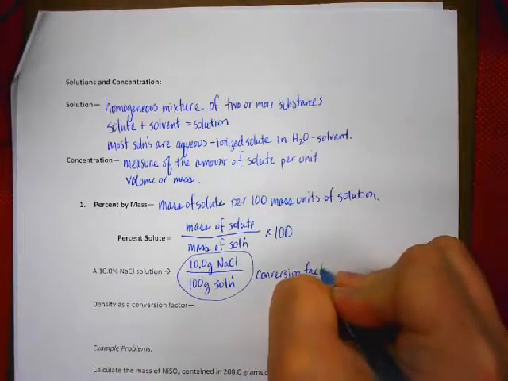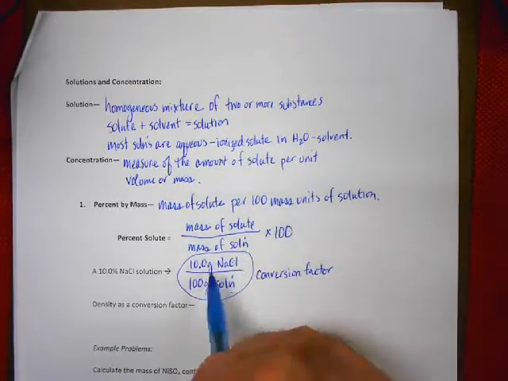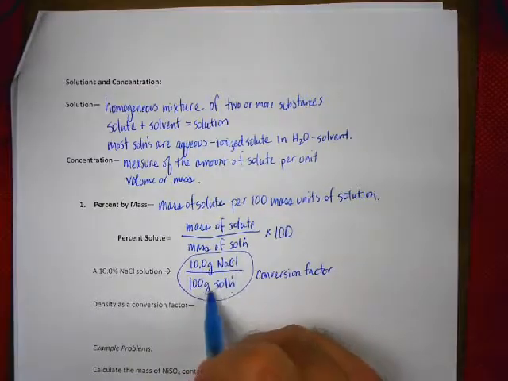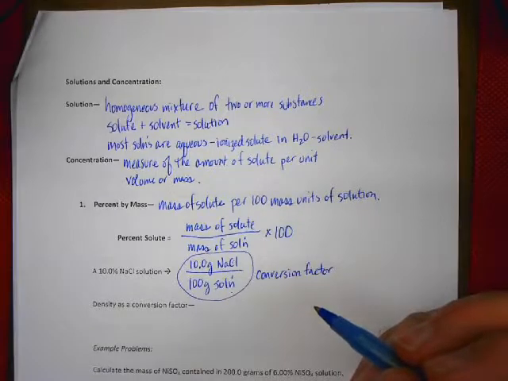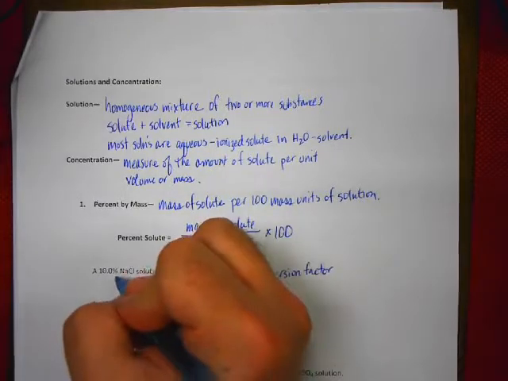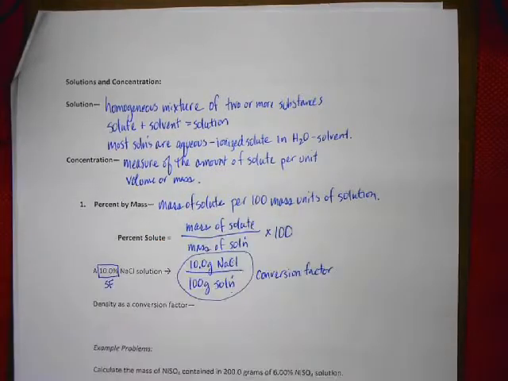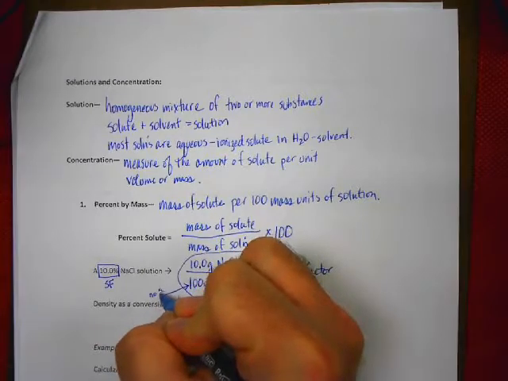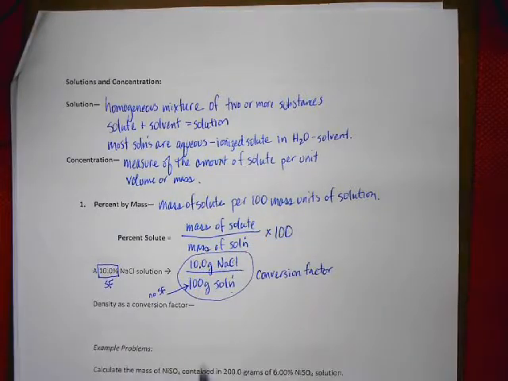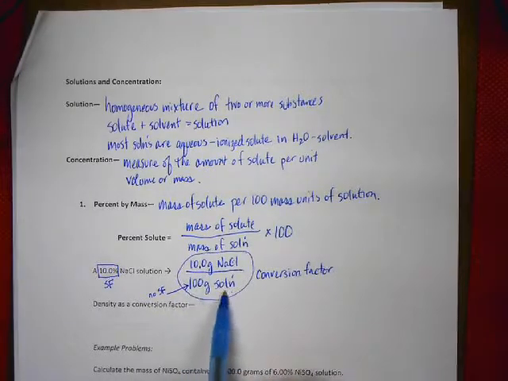So when we do our problems, this is a way to go from grams of solute to grams of solution and vice versa. Now, in respect with significant figures, this number right here we use for significant figures, but this 100 grams of solution we do not use for significant figures. So we base significant figures off of this number here. This is part of our definition.